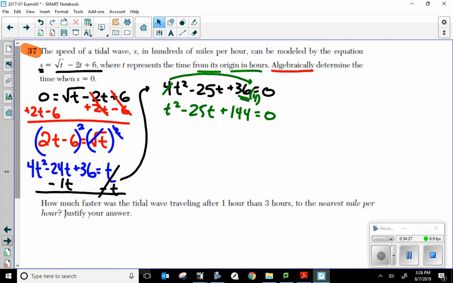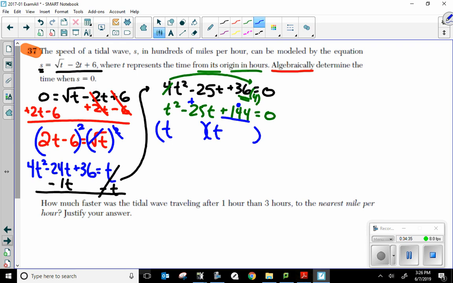This might not jump out to you. Two things that multiply to be a positive 144 that add to be a negative. That means a negative times a negative would give me a positive. It is 9 and 16. Negative 9 and negative 16 multiply to a positive 144 and add to negative 25.